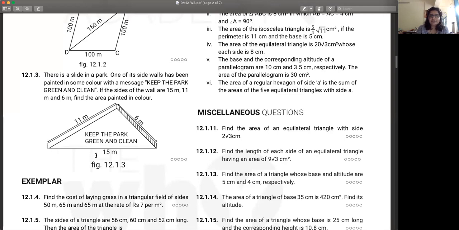And they gave the measurements of the 3 sides of the slide. Arav, we just completed 12.1.2, which is starting 12.1.3. So you can read 12.1.3 and do this question. You're given the sides and you need to find the area of this painted part.